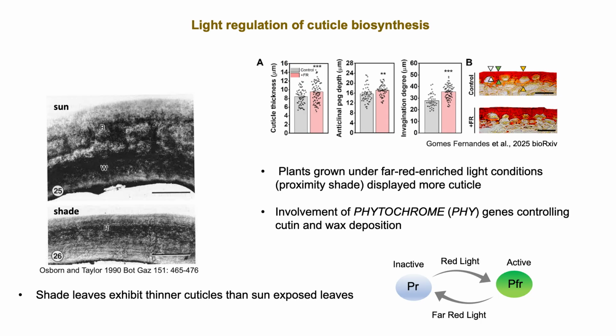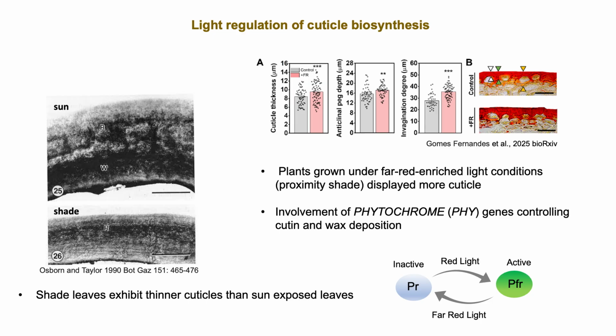Here we can see this gray region is a cuticle, compared to this one in the shade. They are much thinner when they are in the shade, but also, and that's important, they have less amount of cuticle. So it seems obvious that light, how much light the plant receives, alters how the cuticle is synthesized.